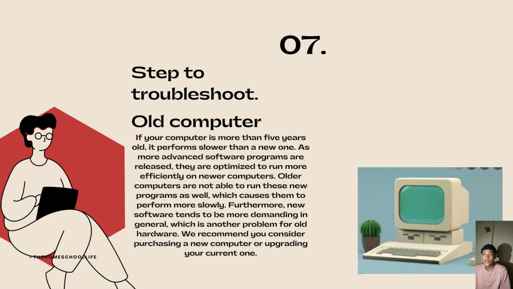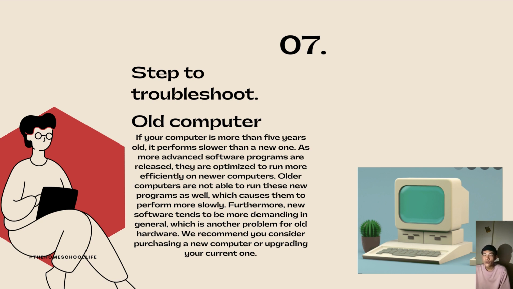Okay, the last step, if your computer is old, more than 5 years, with performance lower than a new one. As more advanced software programs are released, they are optimized to run more effectively on new computers. Older computers are not able to run the new programs as well, which causes them to perform more slowly.